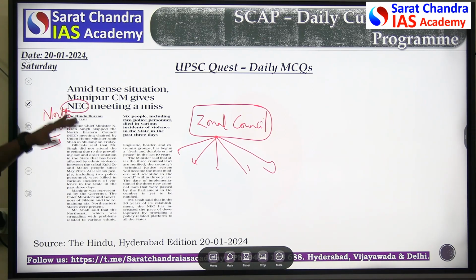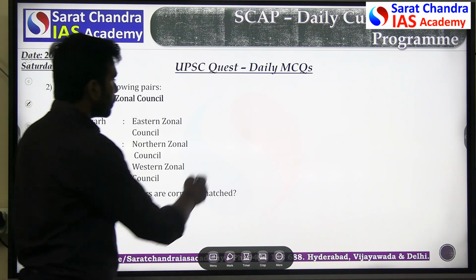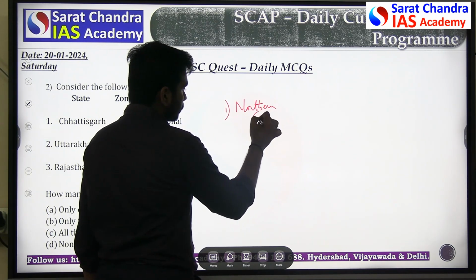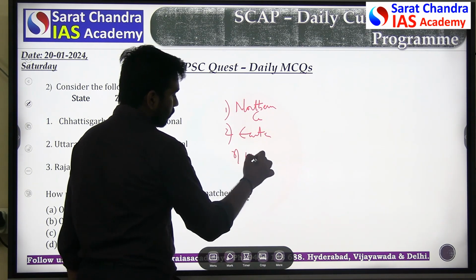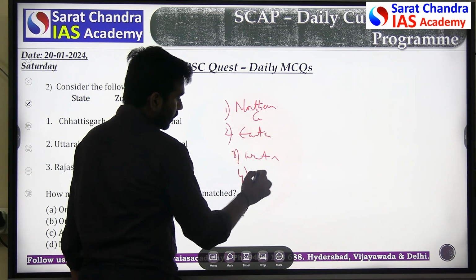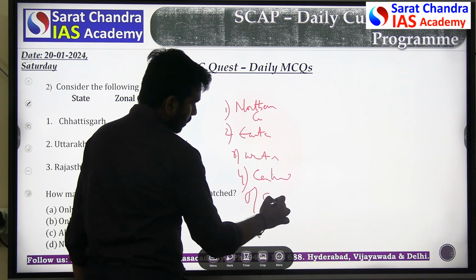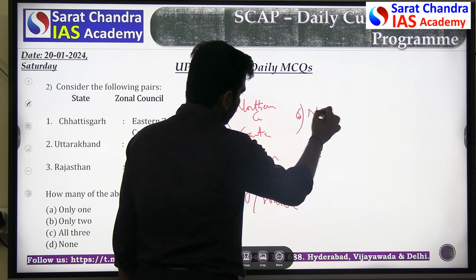Based on this we framed this question on states and the respective zonal councils. The 6 zonal councils are: the first one is the Northern Council, second is the Eastern Council, third is the Western Council, fourth is the Central Council, fifth is the Southern Council, and the last one is the Northeastern Council.